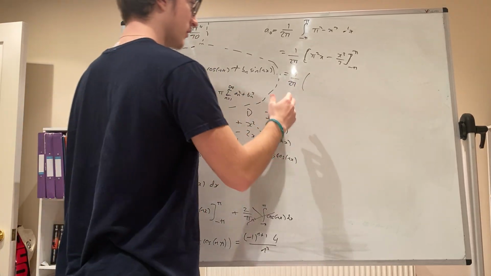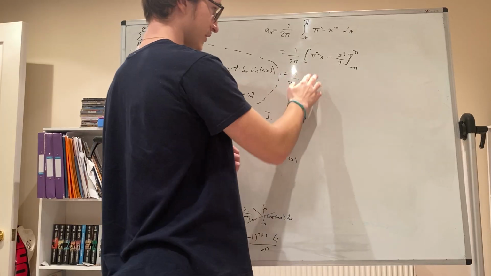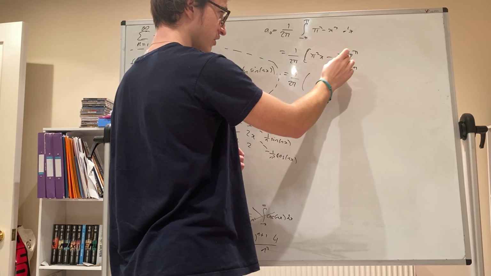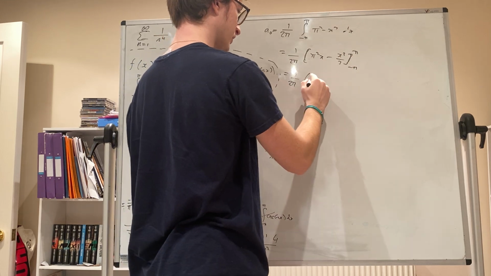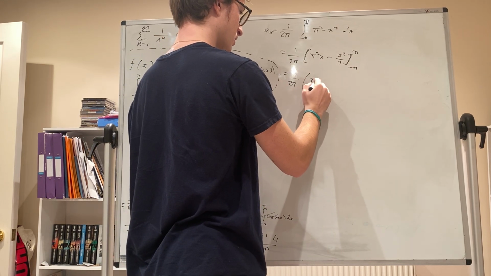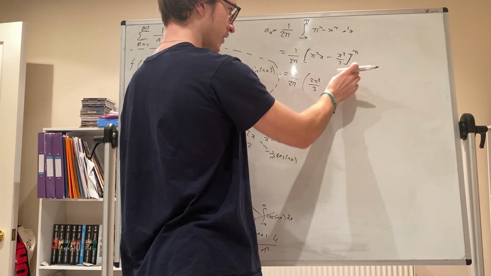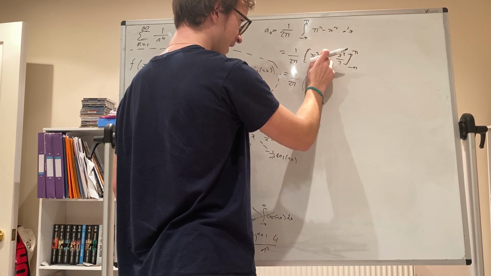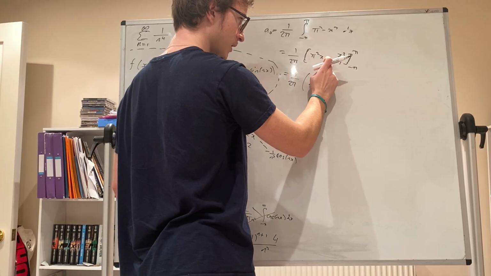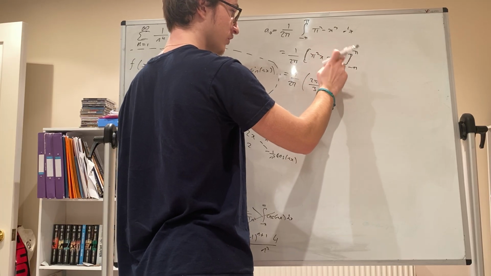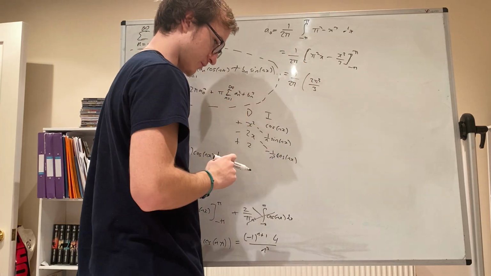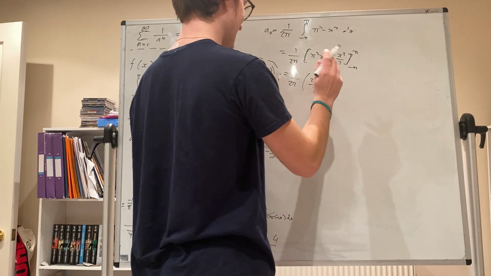So let's just plug this in. So we get pi squared times pi, which is pi cubed, minus pi cubed over 3. So 2 pi cubed over 3. And then you plug in minus pi, you get minus pi cubed, plus pi cubed over 3. Oh gosh, I'm confusing myself. Okay, let me just write this out.